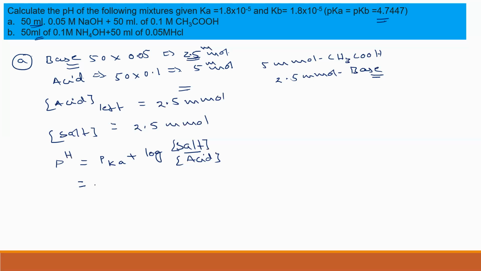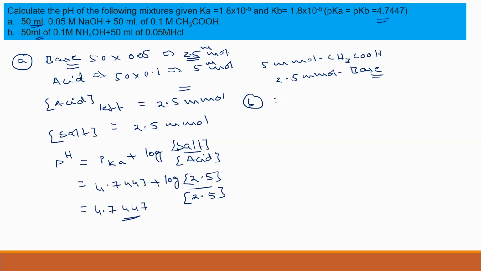So what is the value of pKa? 4.7447 plus log concentration of salt is 2.5 and concentration of acid is 2.5. Okay, so this will become 1, log 1 is 0. So pH is 4.7447 for the first one.